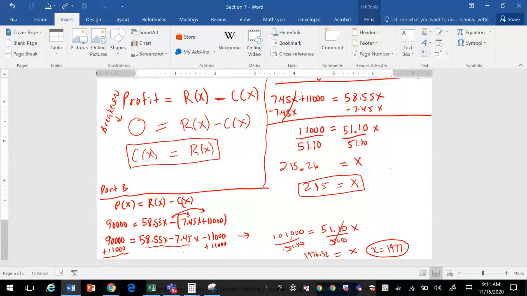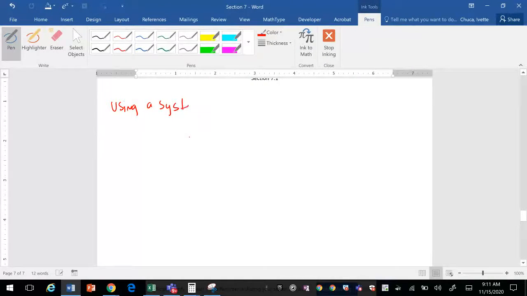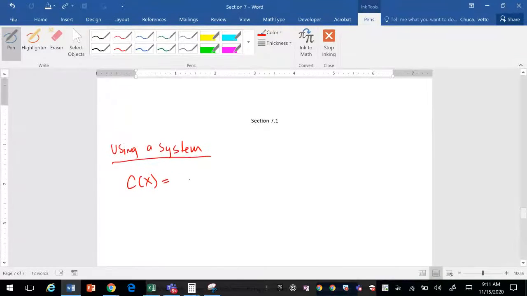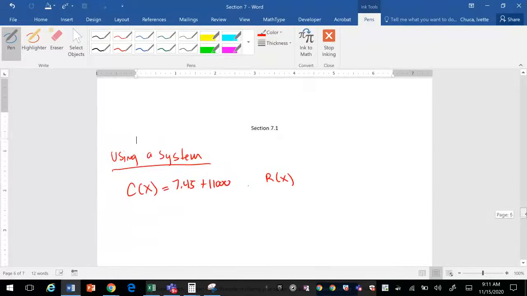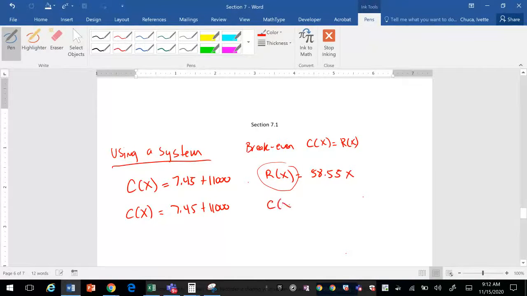The second way you could have done this is a system. We have the cost is equal to 7.45x plus 11,000, and the revenue is equal to 58.55x. To break even is when your cost is equal to your revenue. Since we have R of x here, we can rewrite it as C of x, since they're equal to each other.